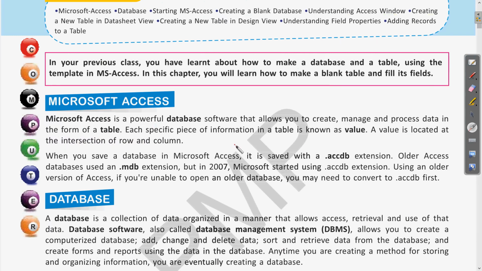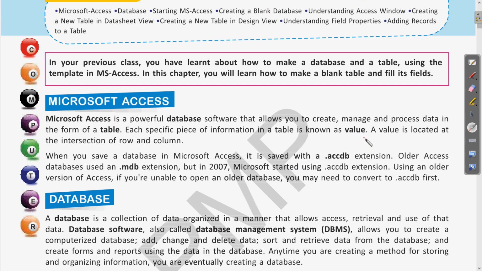In the first class of this second chapter, we explained what actually a database is. A database is a collection of organized data where we store different things. All the things which we see in the database are in the form of tables. So the saving of data inside Microsoft Access is in the form of tables, and the information inside the table is known as value.